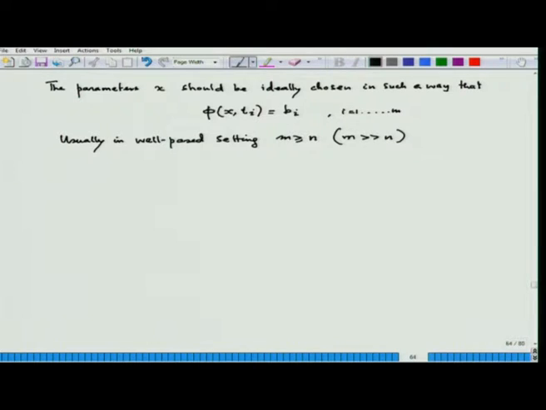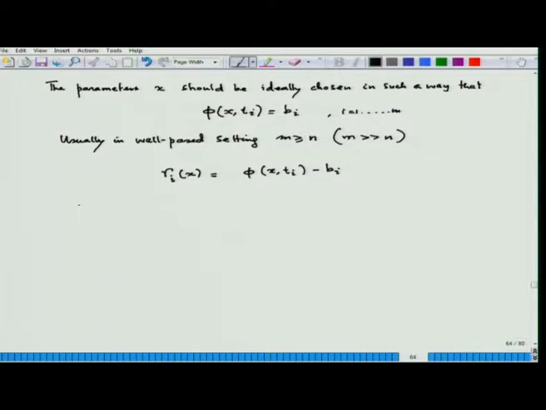See, due to experimental errors or whatever, these conditions need not match exactly. So, what I conclude is that I compute some residuals. So, I find an x which will minimize these residuals, not really these residuals, but the sum of the squares of these residuals.